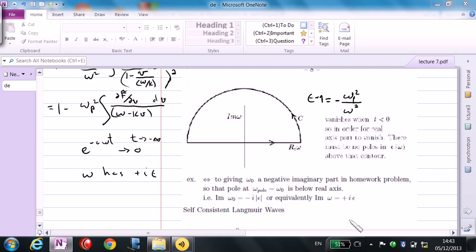So there's a pole in epsilon minus 1 roughly when omega is equal to 0.